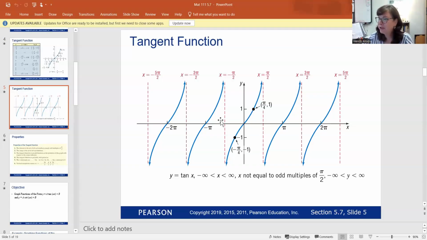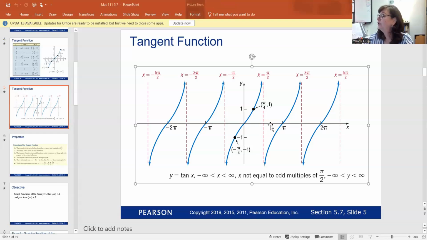You have your asymptotes at the odd integers of pi over 2. So pi over 2, not at 2 pi over 2, then again at 3 pi over 2, not at 4 pi over 2, but again at 5 pi over 2. Those are your asymptotes, so those are not in the domain. Those are the numbers that we have to kick out of the domain.